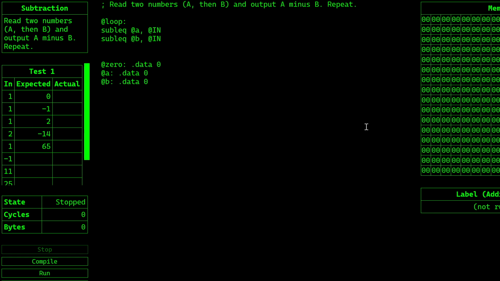So we have minus A and minus B, right? And if I subtract minus A from minus B, then I'm really taking positive A and adding it to minus B. So I'll have A minus B, right?